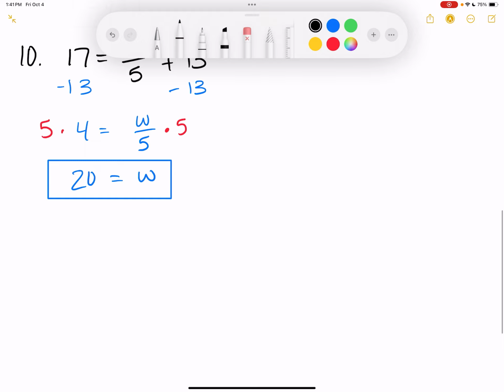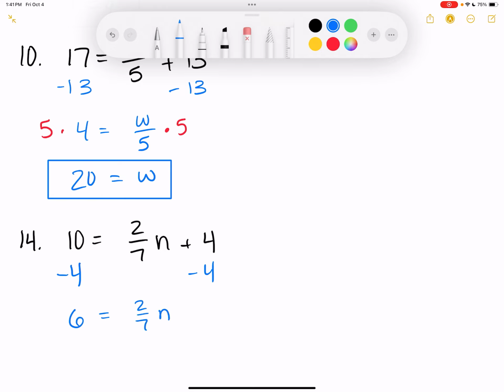Number 14. 10 equals 2 over 7 times n plus 4. What do I do with this one? Minus 4. So 6 equals 2 over 7 times n. Now what?